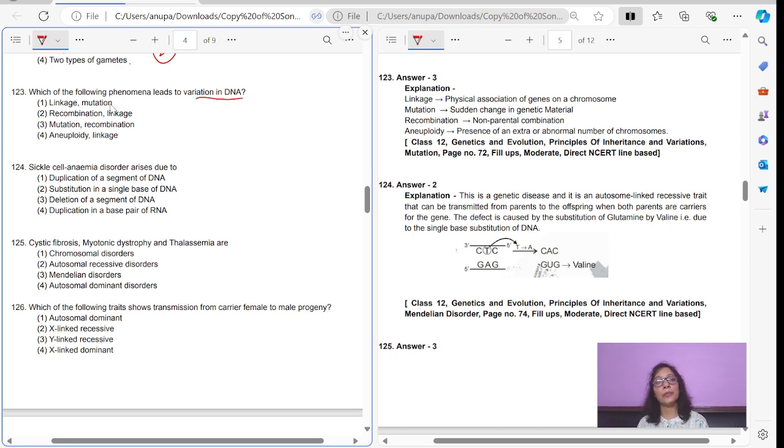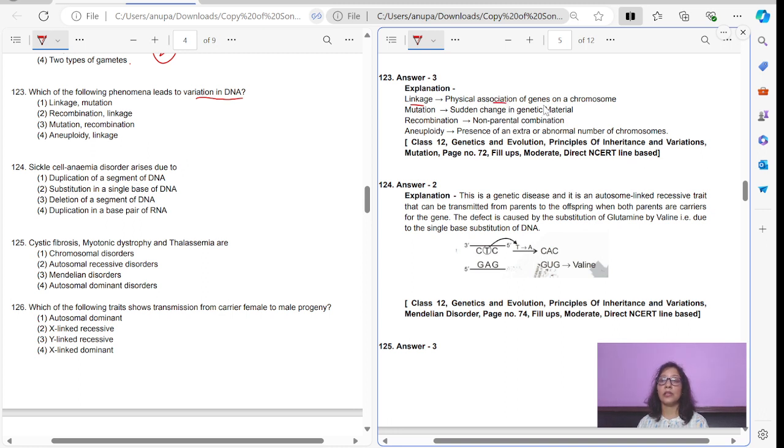So let's understand the meaning of these terms. Linkage means the physical association of genes on a chromosome. It means they are linked. Second is mutation. Mutation means sudden or abrupt change in genetic material, which can cause variation in DNA.